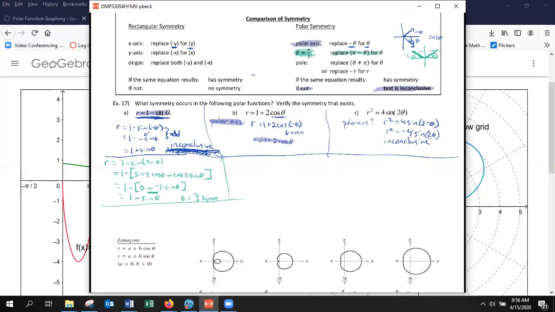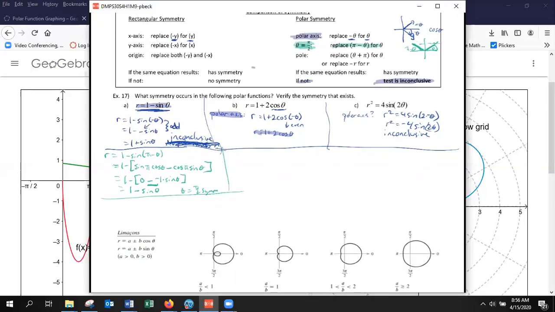For part B, I'm not expecting this to happen, and that's because of the cosine. Because I'm not expecting this to happen, let's put a check here and see why it doesn't work. So r equals 1 plus 2 cosine of pi minus theta. If you remember the difference formula for cosine, cosine pi cosine theta plus, cosine has that opposite sign, sine pi sine theta.